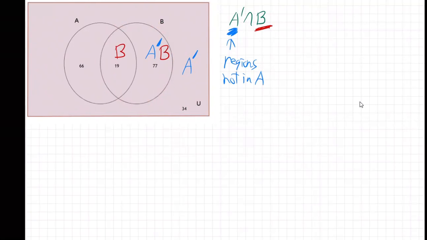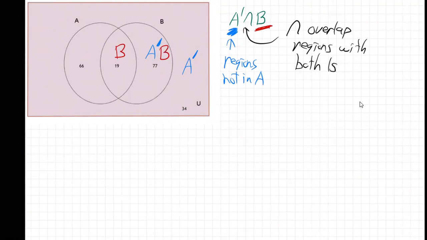Finally, we're going to take what kind of connection here? Well, that U turned over is overlap. It's regions with both the first and the second letters, right?